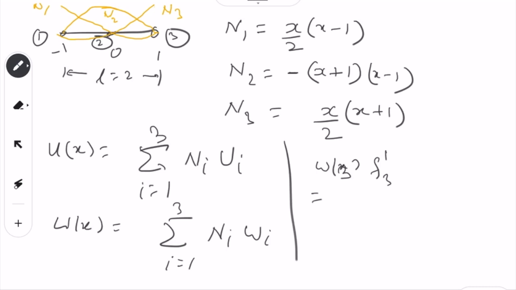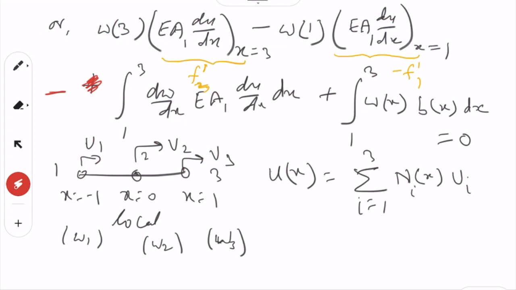is equal to, now the W3 is corresponding to basically, in this one, the local, and this one is the global. So what we are writing here is our global system. In the global system we are writing 3 and 1, but we are writing W, U and W in the local system like this one.